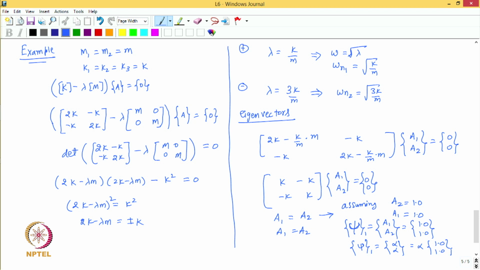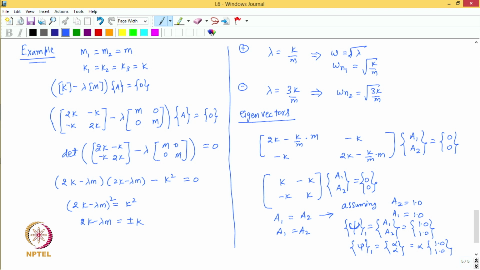So, we see that the whole vector gets scaled by the value alpha, a scalar, and that is why we say that the eigenvectors are not unique, but can be scaled by any scalar.